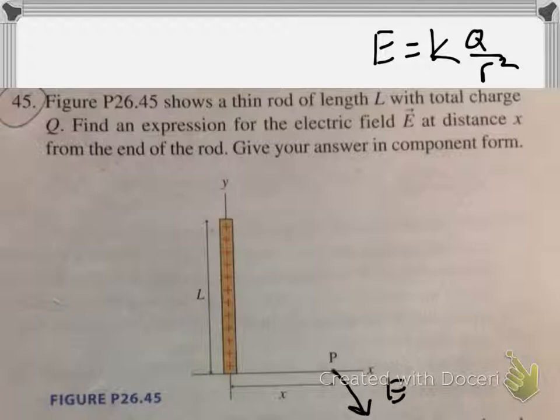And in this problem, we should realize that we have charge at different points all down this rod. So we're going to have to sum up the effect of that statement over the rest of the object, right? That's how we did moment of inertia calculations as well.